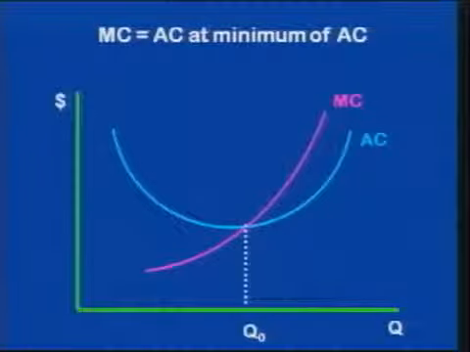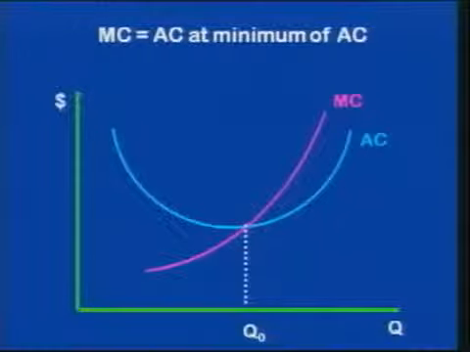Any questions on that? This is very important, and I want everybody to know it. When the marginal cost is lower than the average cost, then as quantity goes up, the average cost decreases. You are adding a number smaller than the average, then you take the average again, so the average goes down.